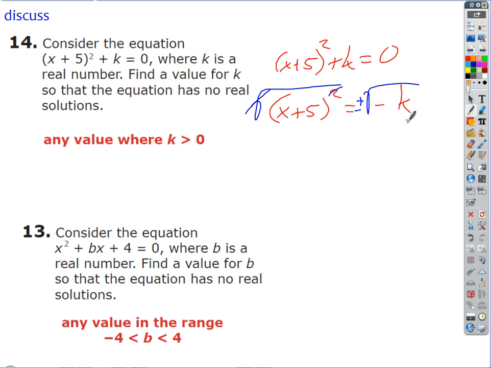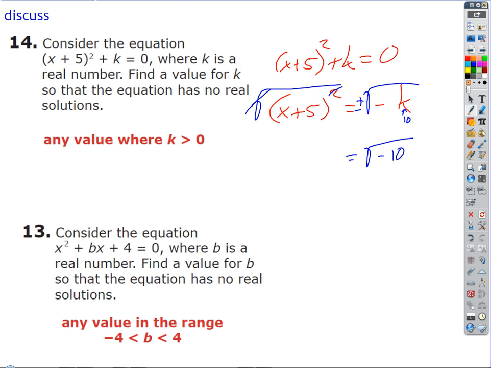Well, k would be like 10, right? Because I've got a negative in front of it. Would you agree that if I substituted any positive number for k, that's going to give me the square root of a negative? What if I put in a 10? I'd get the square root of negative 10, which is going to give me i, right? So any positive number would work.